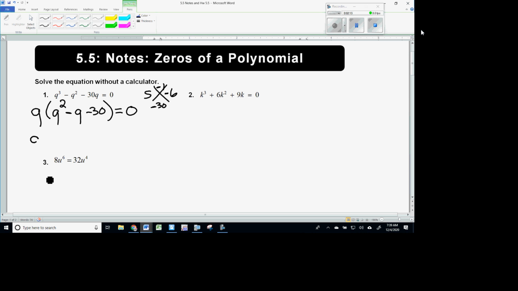So we get x plus 5, x minus 6. We multiply to give us the last term, and add to give us the middle term, the number in front of the x.